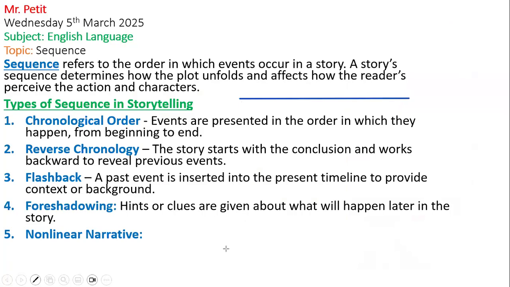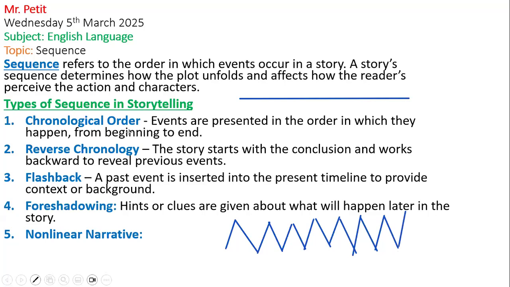Non-linear is what? Not straight. It's up and down. So if I say my life is non-linear, what does that mean? Your life is going haywire. Exactly, it's a roller coaster. Non-linear. Okay.